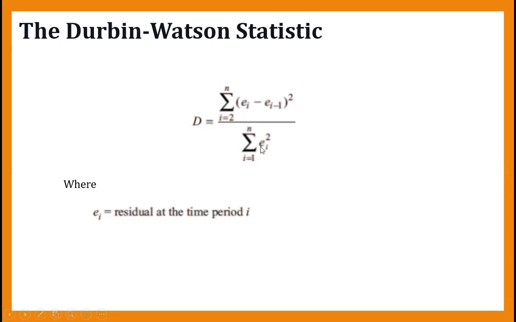This means that the value of the Durbin-Watson statistic, D, will approach zero if successive residuals are positively correlated. If the residuals are not correlated, the value of D will be close to 2. If the residuals are negatively autocorrelated, D will be greater than 2 and could even approach the maximum value of 4.